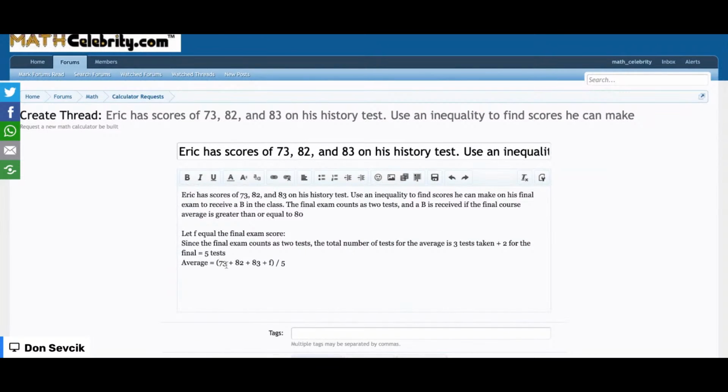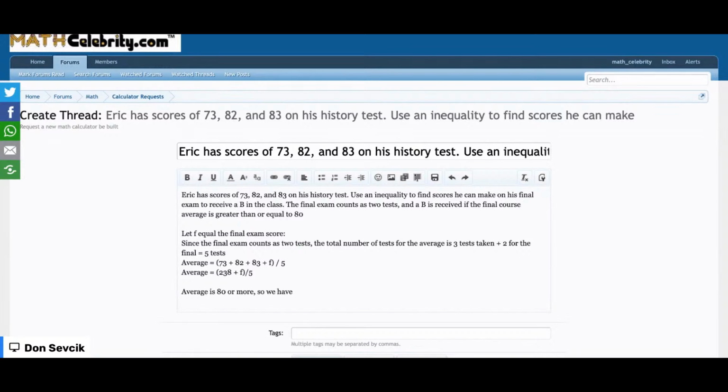So our average is just the total scores divided by the quantity, but we're adding 1 since the final counts as 2 exams. So we have average equal to, figure out what this is. I'm going off screen real quick. 238 plus F over 5. Average is 80 or more.